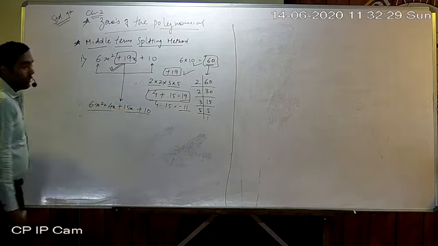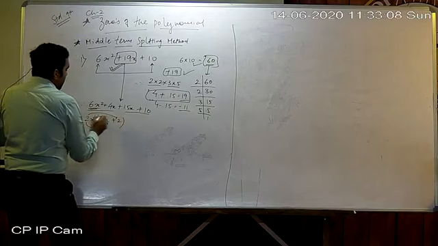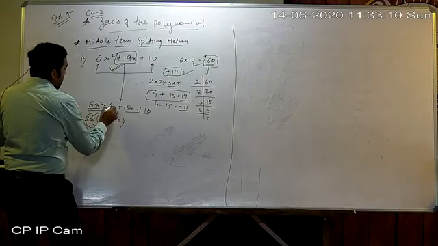I'll take 2 and x as common, and write 3 2s are 6 and x into x, x square. Plus 2 into 2 is 4 and x into 2, that is 2 into 4x.